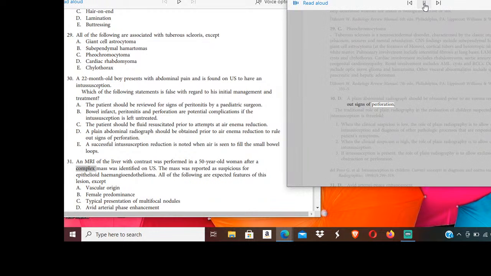Signs of perforation. The traditional role of plain radiography in the evaluation of children suspected to have intussusception is threefold. 1. When the clinical suspicion is low, the role of plain radiography is to allow exclusion of intussusception and diagnosis of other pathologic processes that are responsible for the patient's symptoms. 2. When the clinical suspicion is high, the role of plain radiography is to allow confirmation of intussusception. 3.